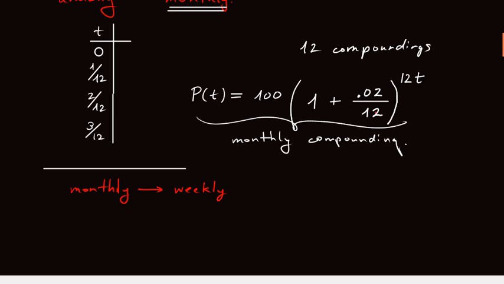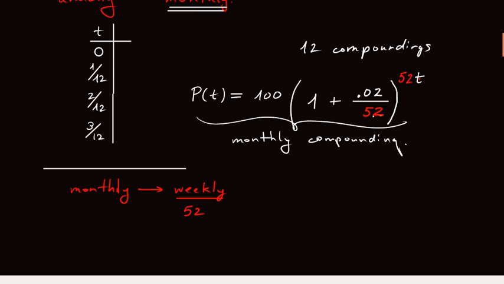Well, instead of dividing the interest rate into 12 equal parts, we would divide it into 52 equal parts because there are 52 weeks in a year. And instead of 12 times t compoundings, now I would have weekly compounding, so there'd be 52 times t compoundings.